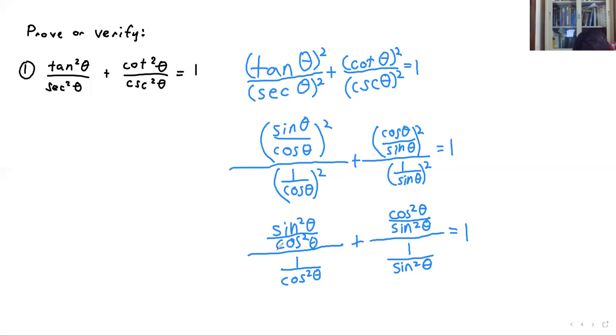Now we will invert this main fraction, so we turn it to multiplication, times cosine squared theta over 1. Actually, it's not necessary, but I just put it there so you can see that I flip the denominator. So cosine squared theta over sine squared theta.